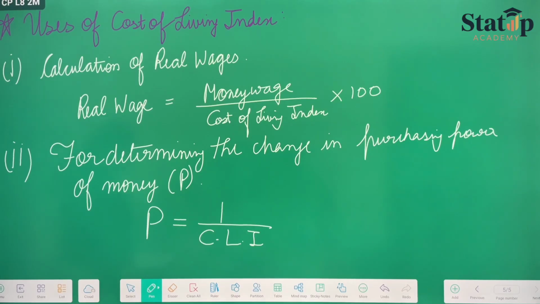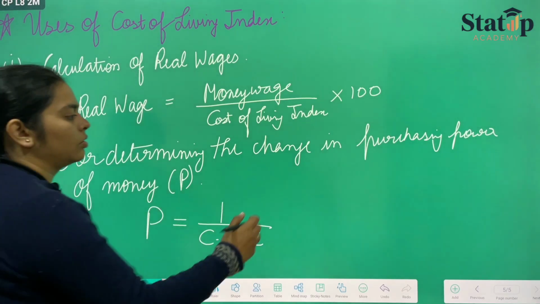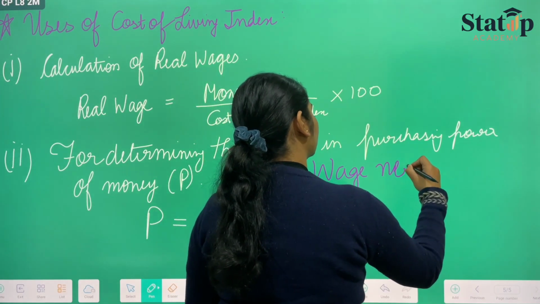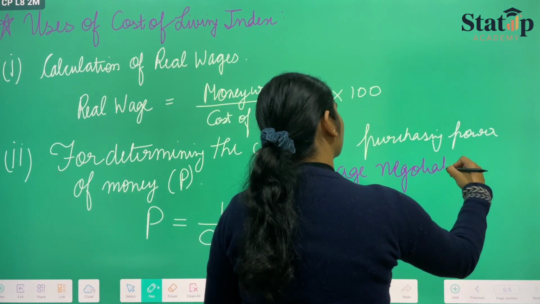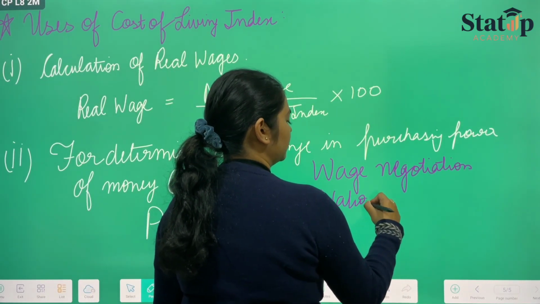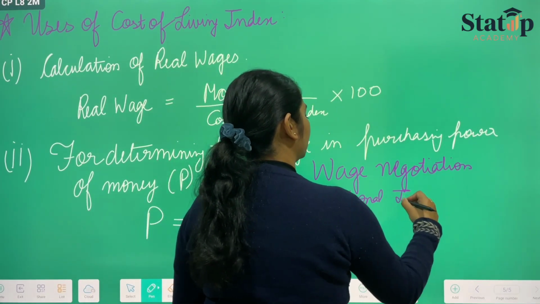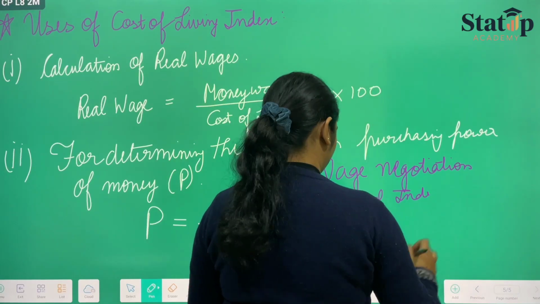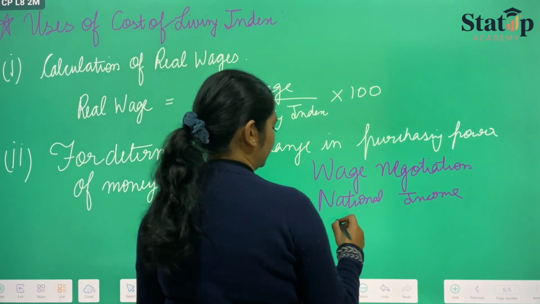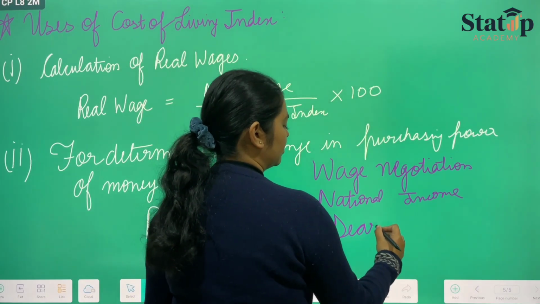It is used for wage negotiation. It is used in national income. It is used for dearness allowance.